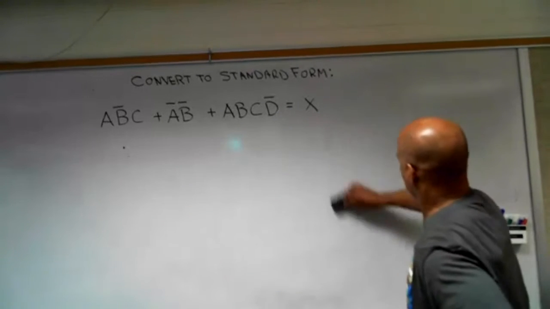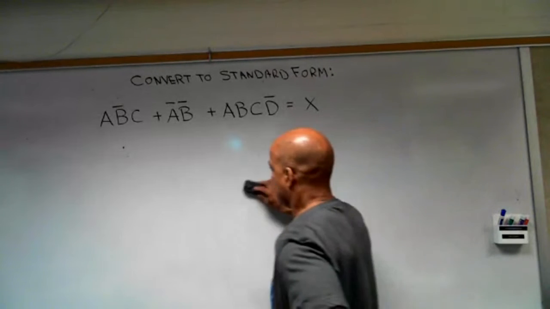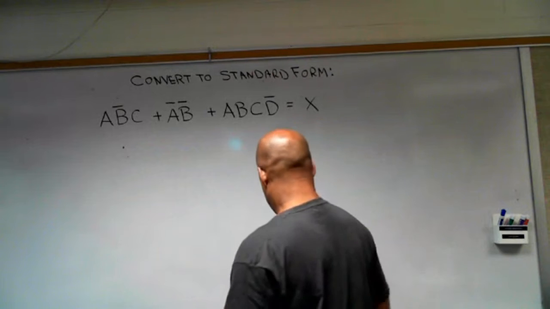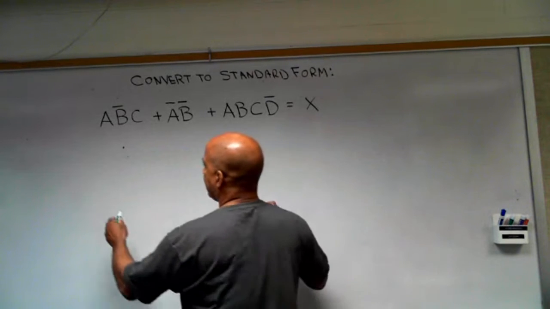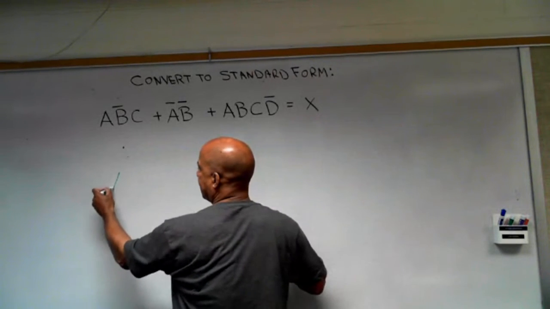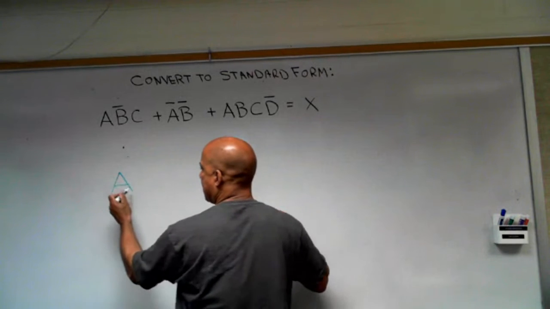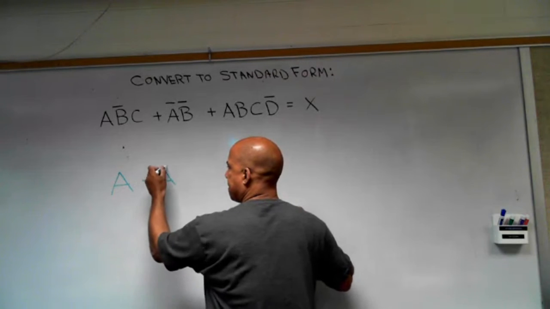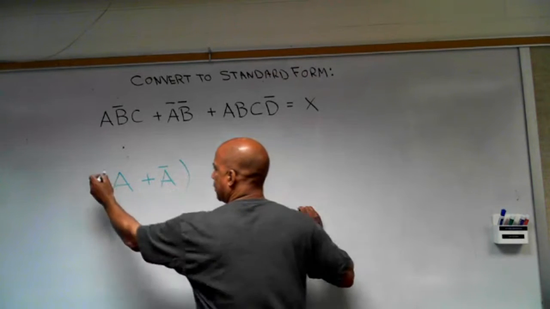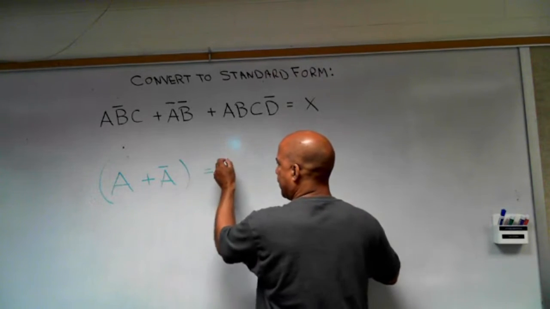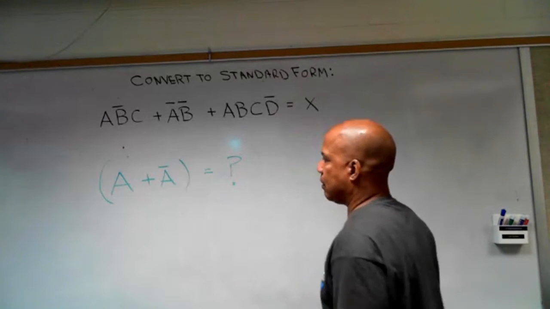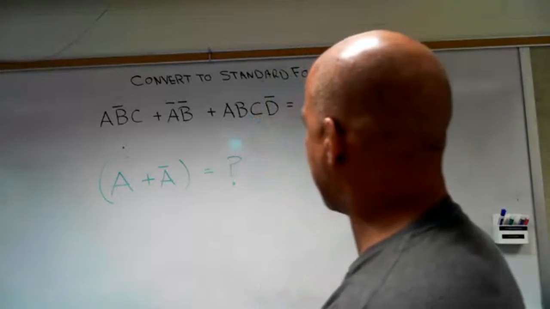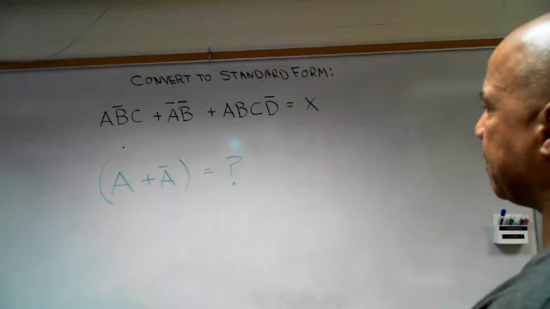Specifically, the two that we make use of, one is this one: the fact that if I take a variable and I OR it with its complement, what do I get over here for an answer? If I OR something with its complement, then what do I get on the right side of that equal sign? Anybody?